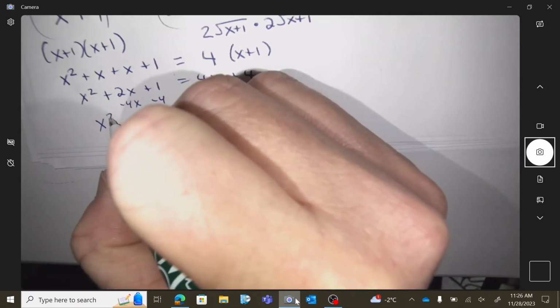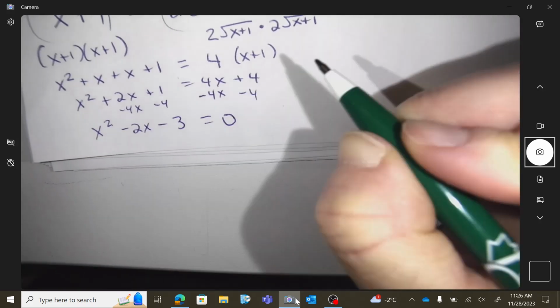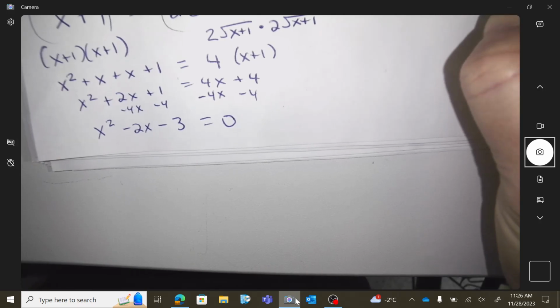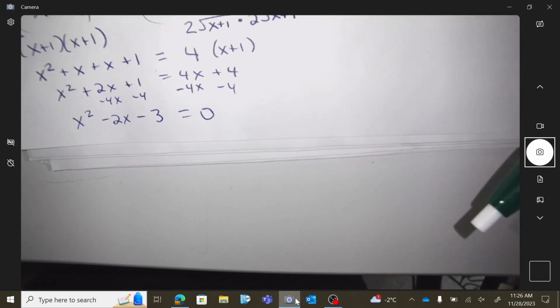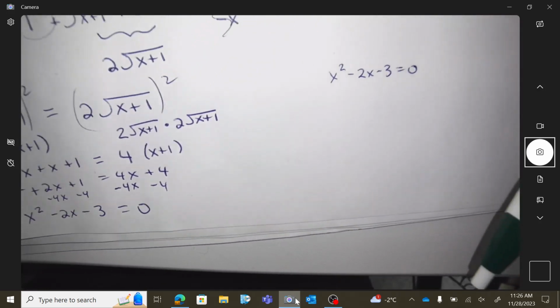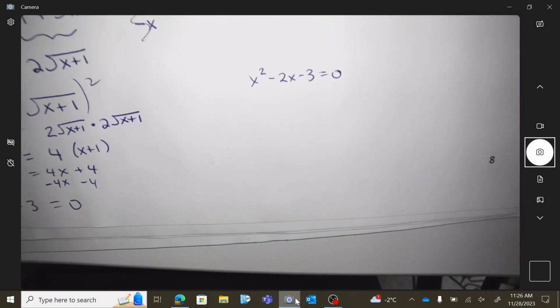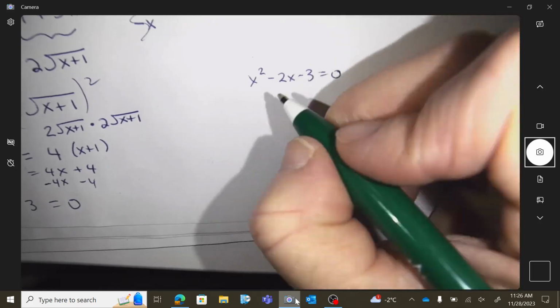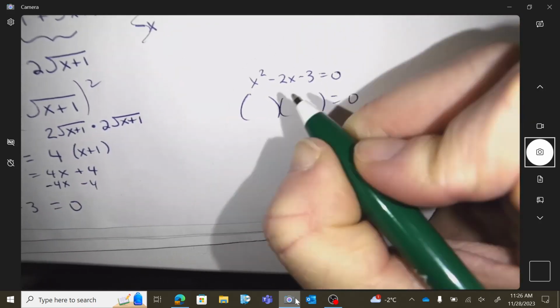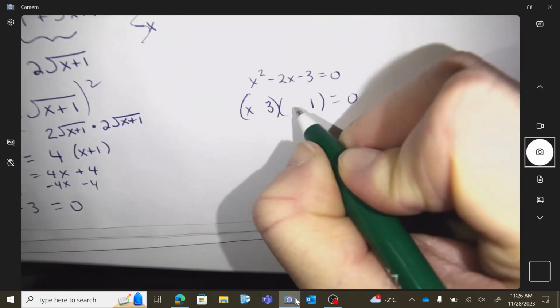So x squared minus 2x minus 3. Does it factor? 3 times 1.